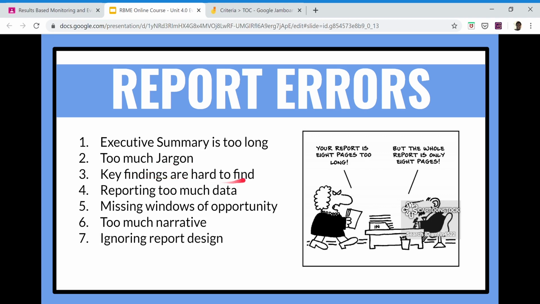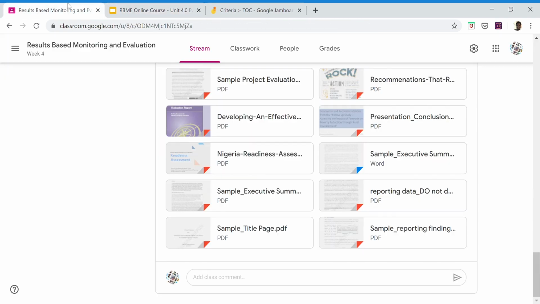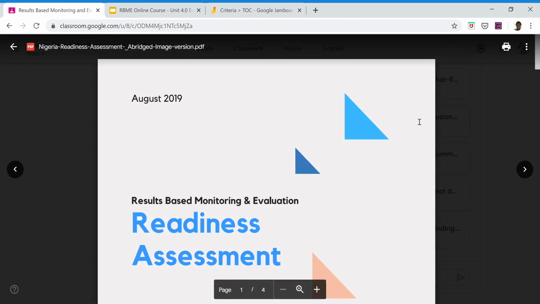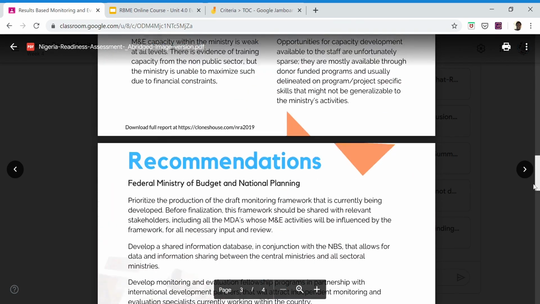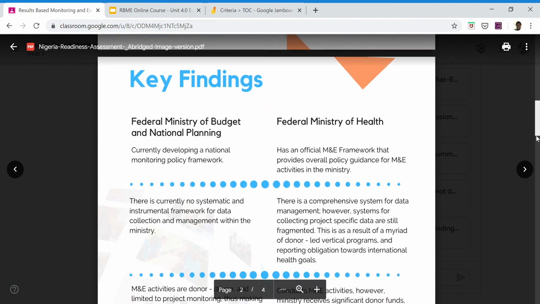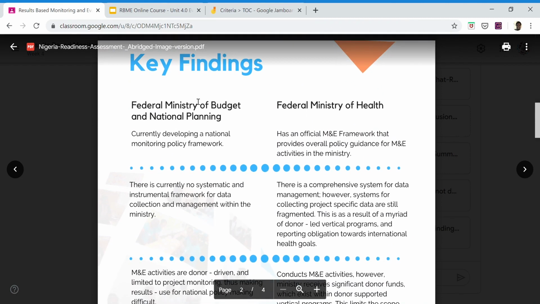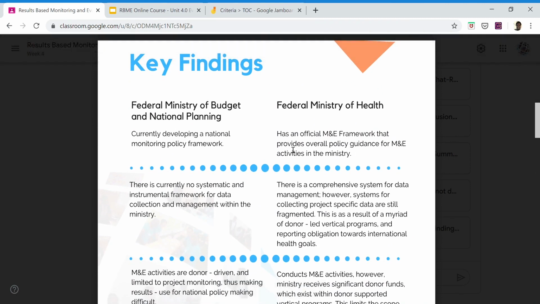Key findings are hard to find. So what are the key findings? You need to let them know, these are the key findings. In the document that was shown, it had its key findings separately. So these are the findings, so they can know. For each of the ministries, this is important.